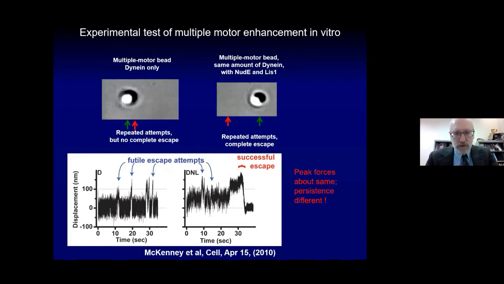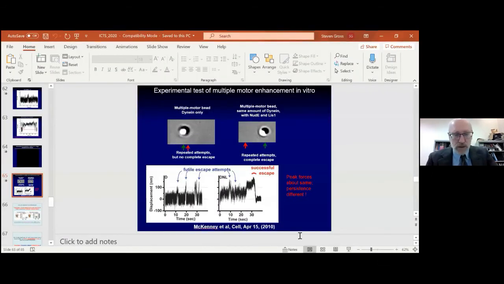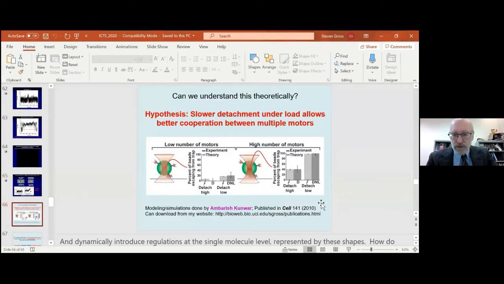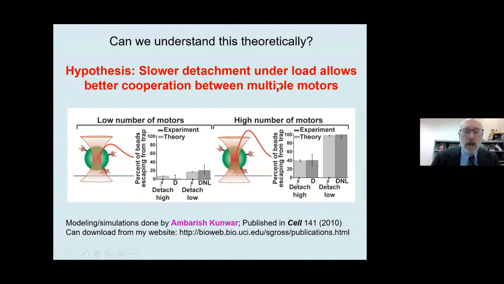Okay, so this was actually modeled by Ambarish, who was able to recapitulate what we see. If you have a relatively high detachment rate for the dynein at the low motor level, then very few escape from the trap.